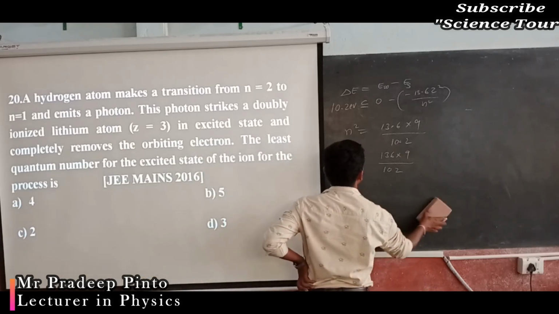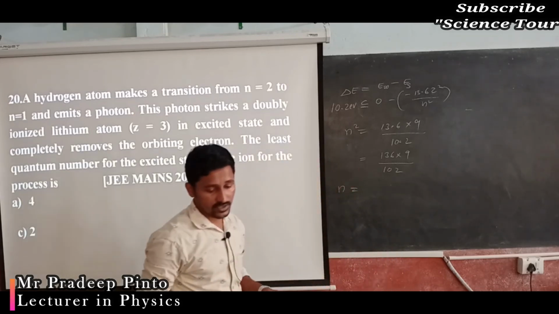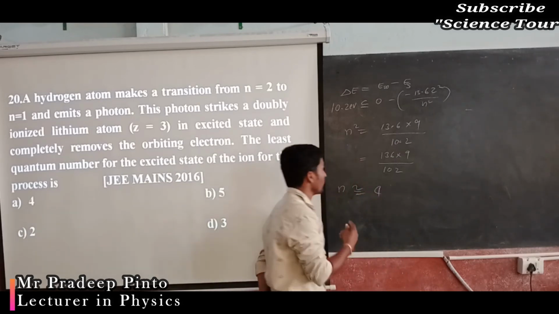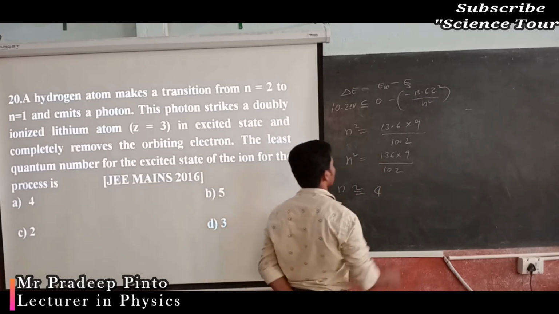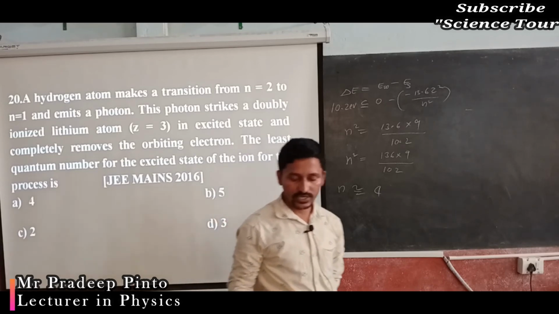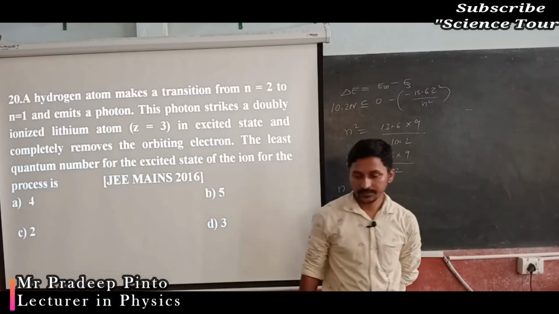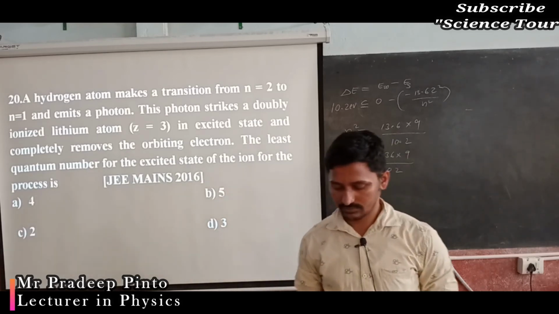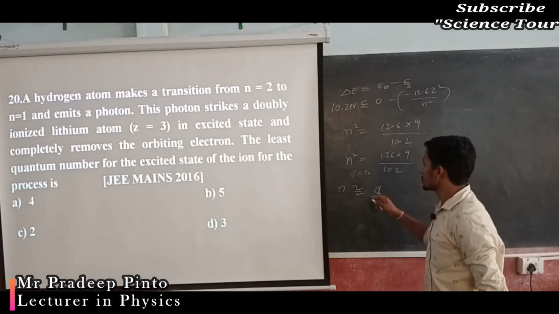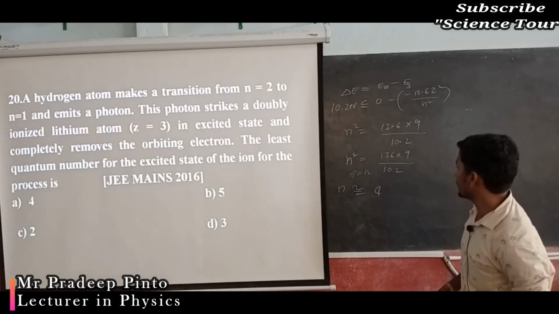What is the value you are going to get for n? Substitute that. Okay. Multiply it and nearly equal to you are going to get 4. N value, n square it was, so n means nearly equal to 4. Actually you are going to get n square as 12, square root of 12 means actually it must not be less than, no?